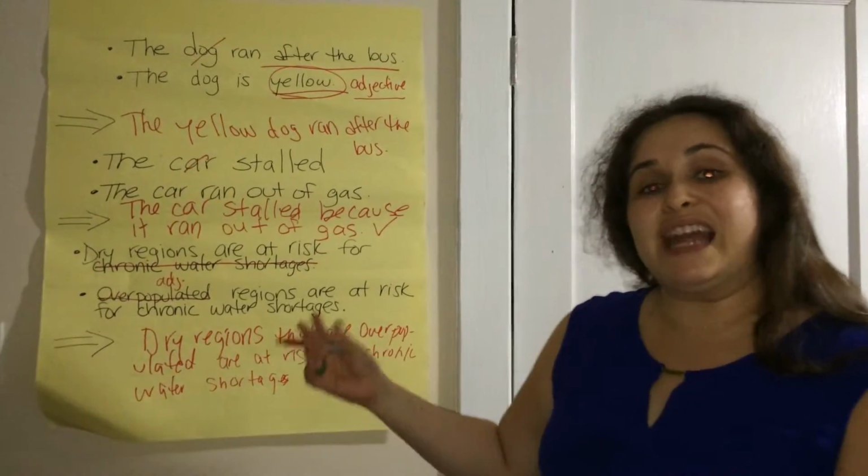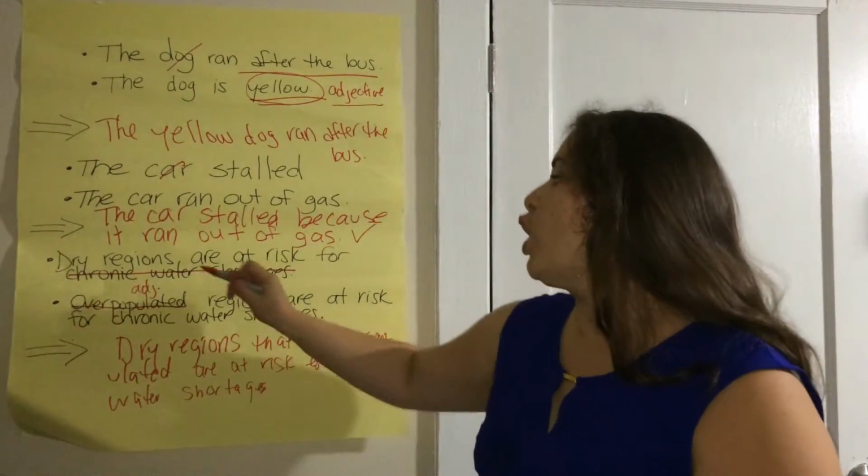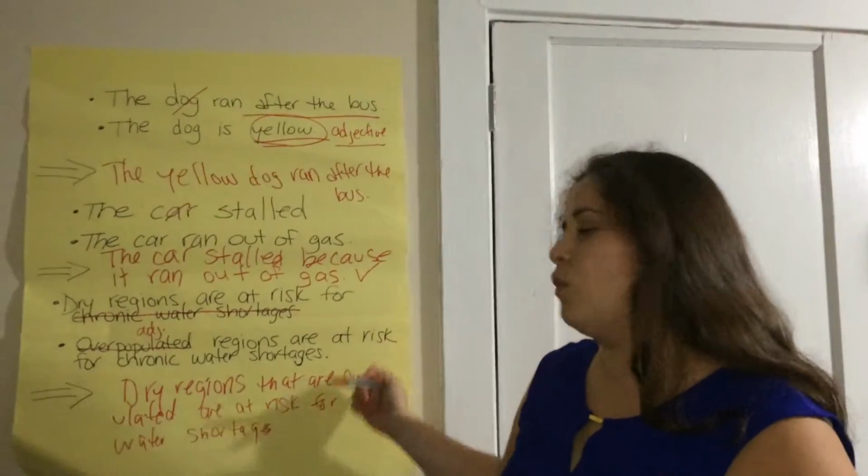You can also simplify this even more, and you can say, overpopulated dry regions are at risk for chronic water shortages.